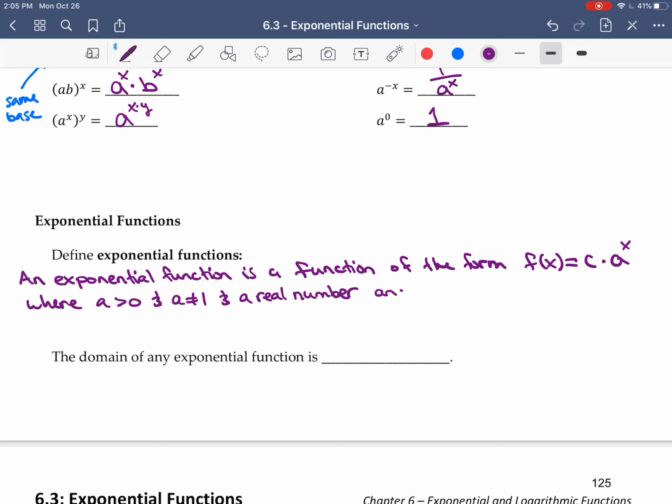Okay, and c is also a real number, but that isn't 0. Okay, so that's the form that they're going to look like.